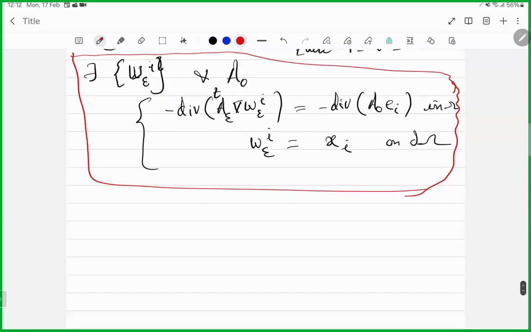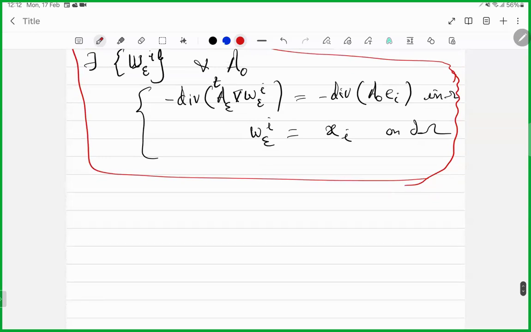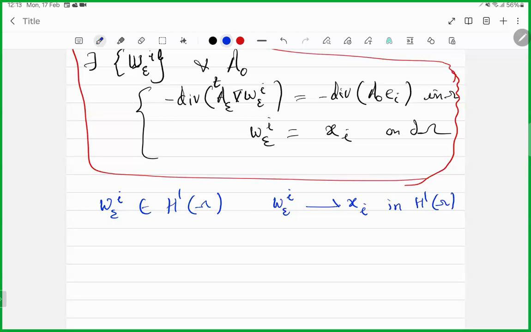So what we do here is that you notice first that W epsilon I for each I is actually an H1 omega function. You have this property that it converges weakly to Xi in H1 of omega.